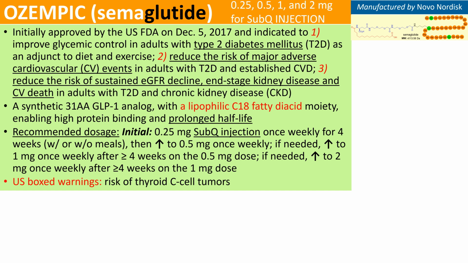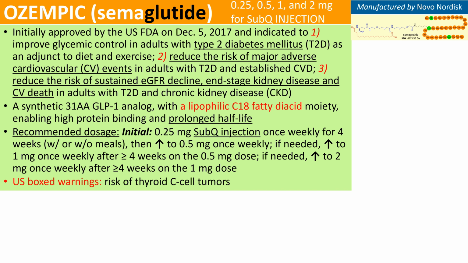In 2025, the US FDA approved another indication for Ozempic to reduce the risk of sustained eGFR decline, end-stage kidney disease, and cardiovascular death in adults with type 2 diabetes and chronic kidney disease, CKD.